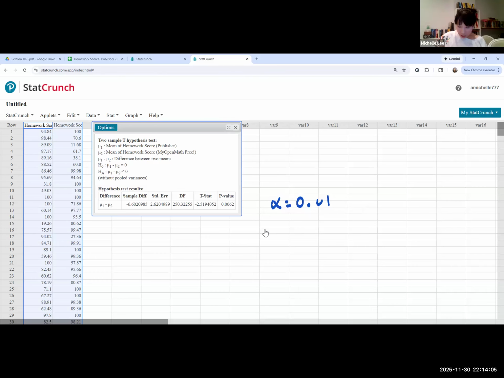Now, how do we conclude? So 0.006, the p-value, is less than alpha, then we do reject, right?